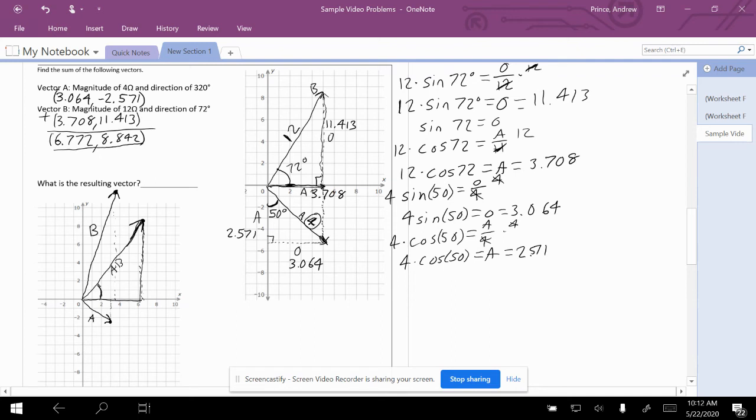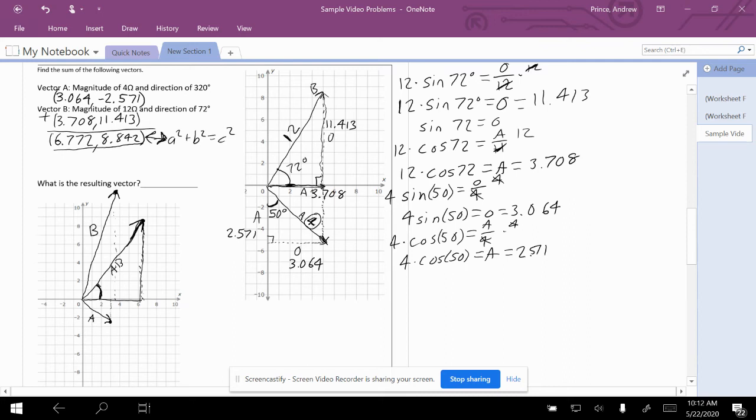I'll be able to find this angle here. And with the two numbers I have here, I can write those in as my sides. So using the Pythagorean theorem, I should be able to find my hypotenuse right there, which will be the magnitude. So let's take these numbers and plug them into the Pythagorean theorem.